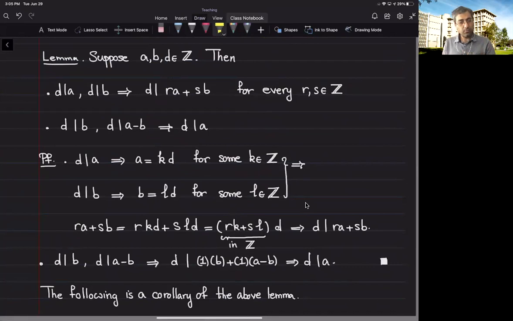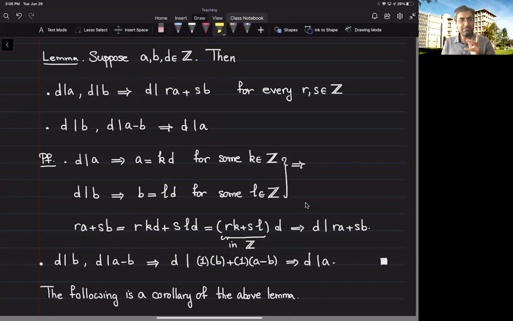From there, we can deduce that d divides every integer linear combination of a and b. When I say integer linear combination, I mean integers of the form r times a plus s times b, where r and s are integer numbers.